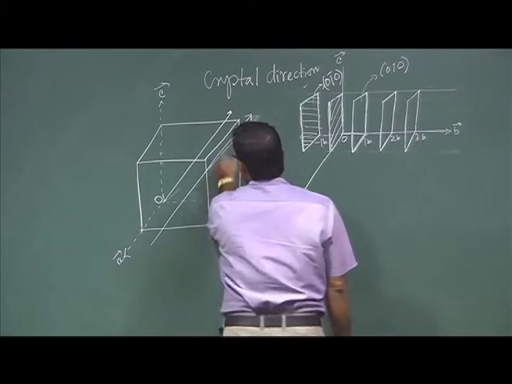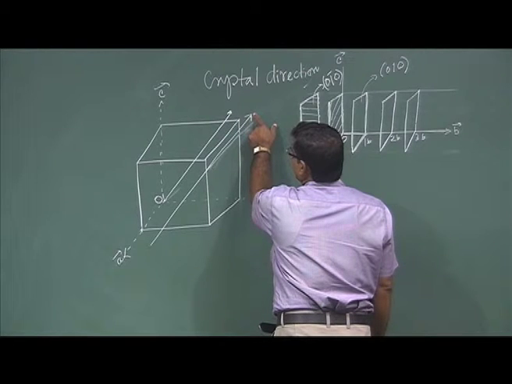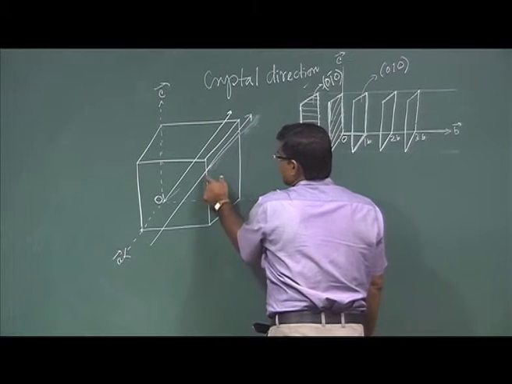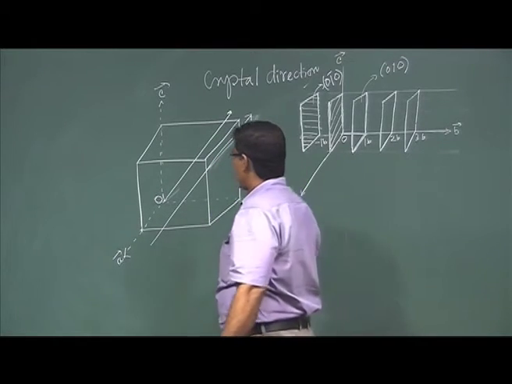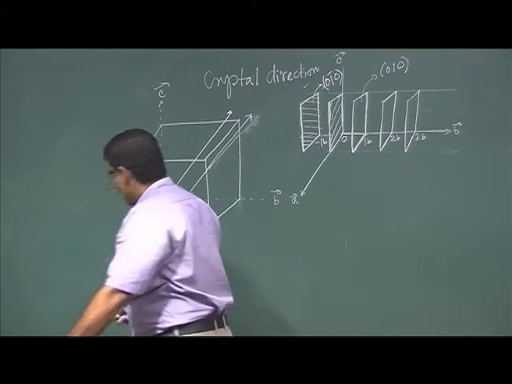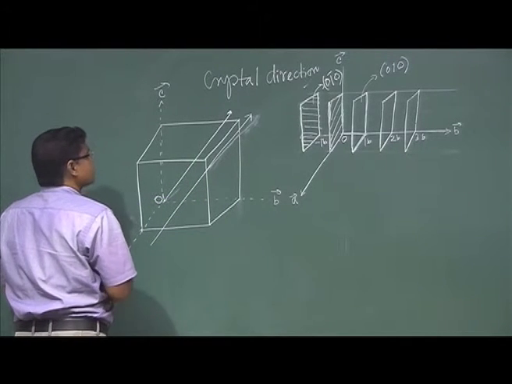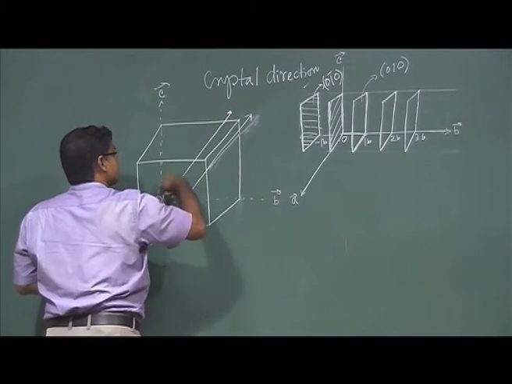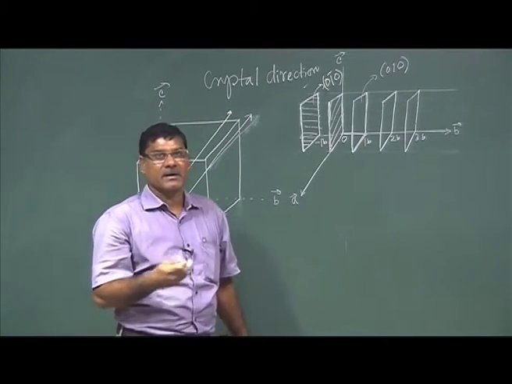If it is not passing through the origin, we just shift it to the origin, and then we can find out how to represent the direction along this line.